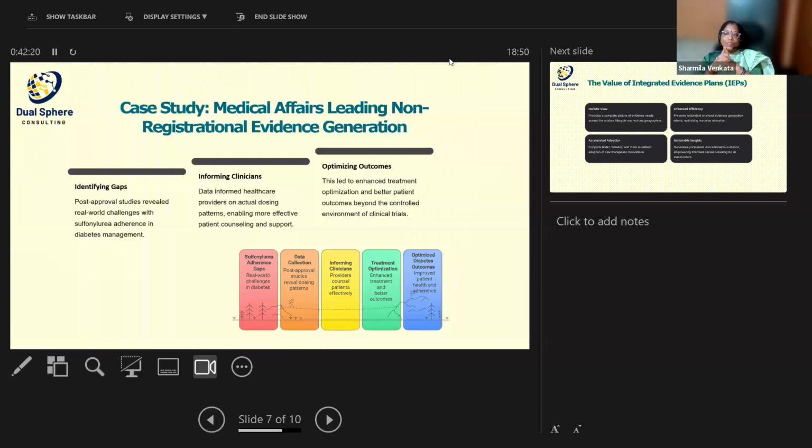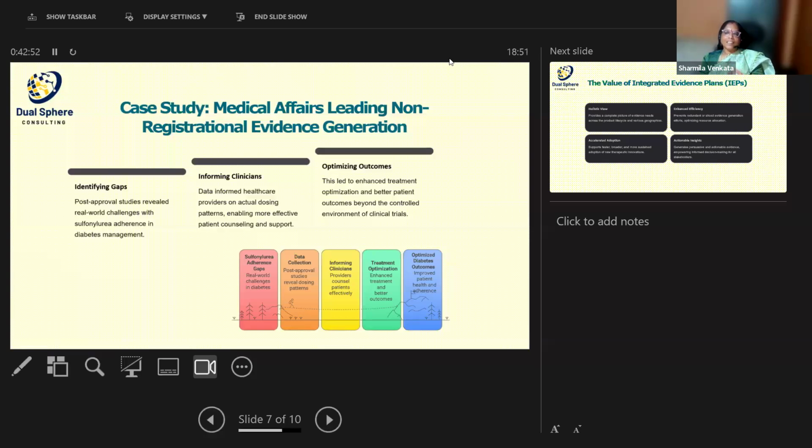But once the drug was being used in everyday practice, post approval studies began to paint a different picture. Many patients were not taking their medication as prescribed. We found patterns of poor adherence, meaning patients were missing doses, stopping early, or taking medication inconsistently.